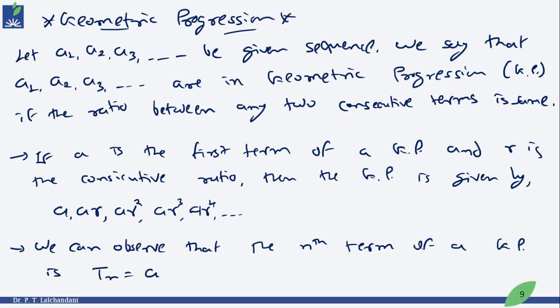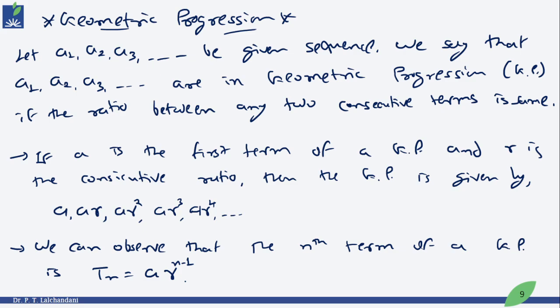Now see the power of R. In the first term, the power is 0; in the second, 1; in the third, 2; in the fourth, 3. So the power is one less than the number of the term. So what will it be in the nth term? The power will be n minus 1. So the nth term of a geometric progression will be A R raised to n minus 1, where A is the first term and R is the consecutive ratio.